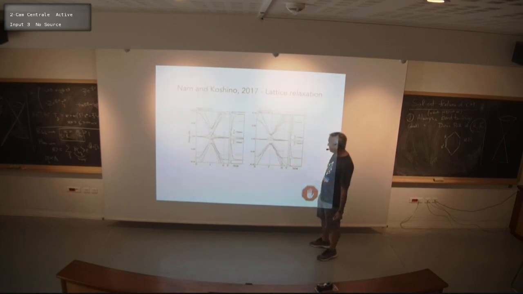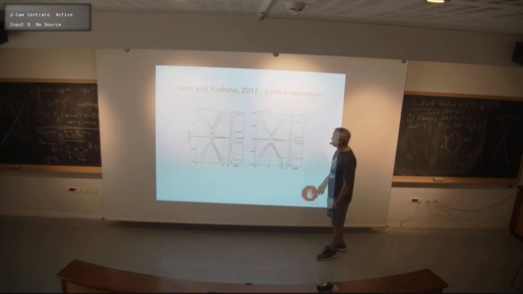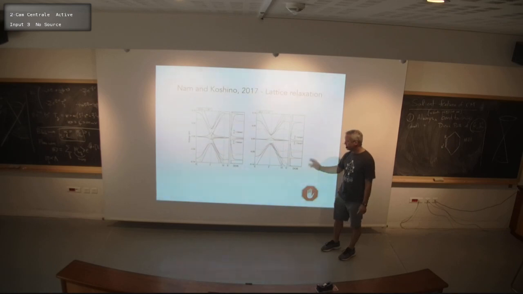If you allow this lattice relaxation, this level crossing gets pushed away, and the band becomes relatively well separated. In their calculations, they find a gap, not within the two bands, but between the flat conduction band and the next conduction band, of something like 12 millivolts. And another gap between the valence and the next valence band.